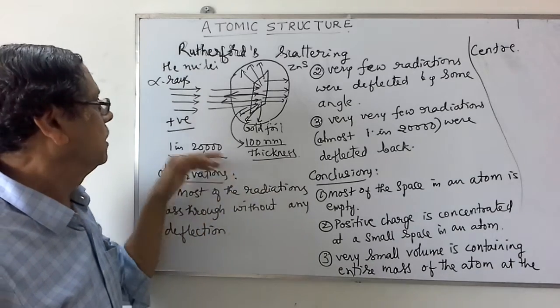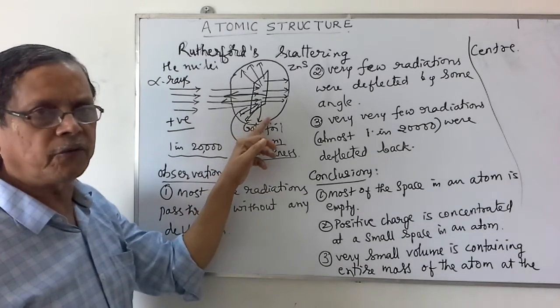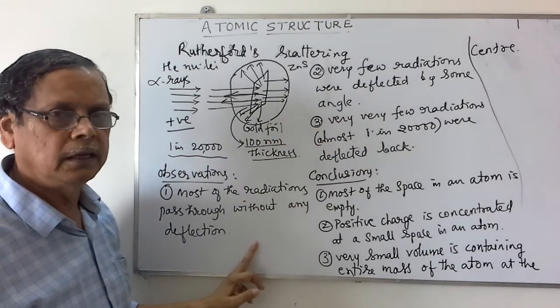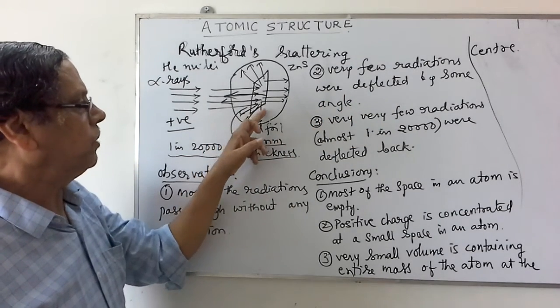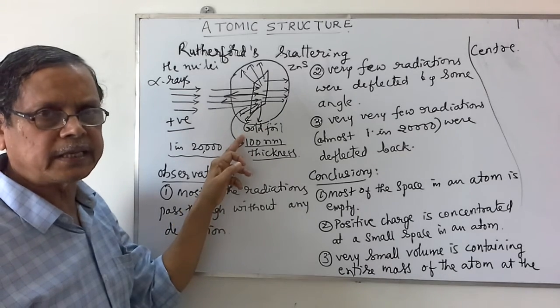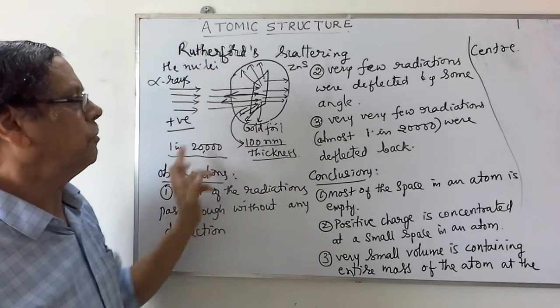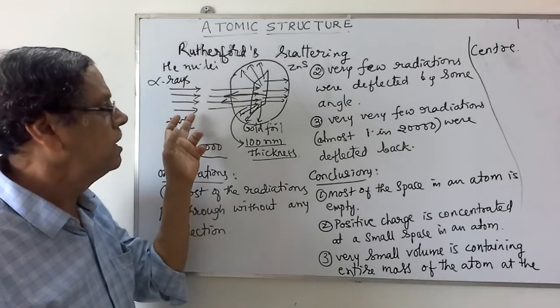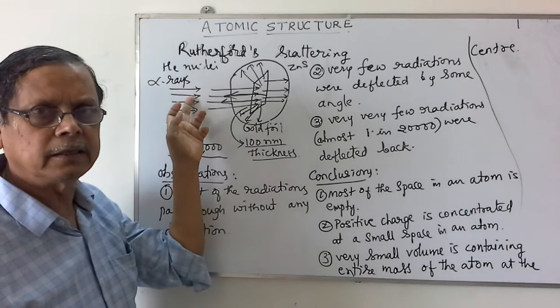It is observed that when these alpha rays pass through this gold foil, most of the radiations pass through without any deflection, and very few radiations were deflected by some angle, and 1 in about 20,000, that means a very small number of alpha radiations, were deflected exactly back.